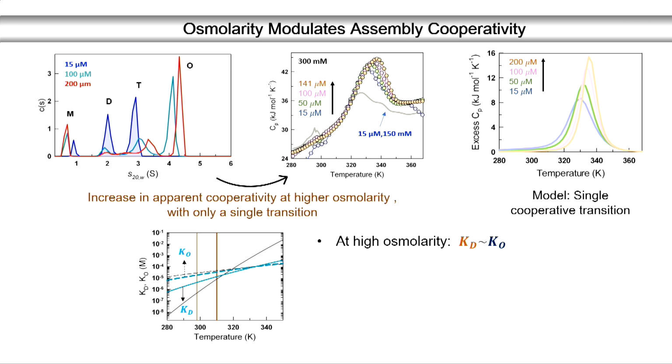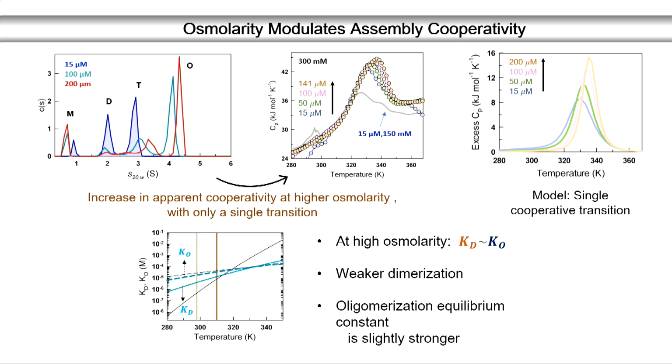Right, so at higher osmolarity, Kd becomes very similar to the Ko, and hence there is also a weaker dimerization that happens. And the oligomerization becomes slightly stronger, as I'm showing you in reference to the 150 millimolar Anixton data. So effectively, when you change Anixton conditions, the bacteria is able to somehow sense this because there is an interplay of these particular oligomerization constants, right?